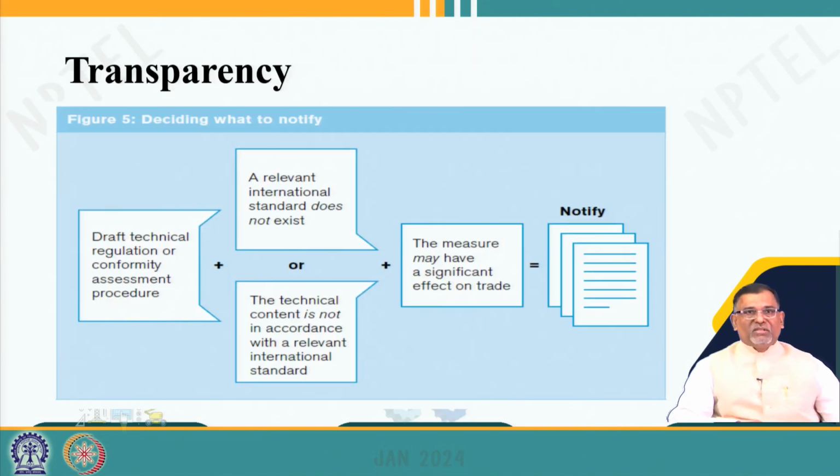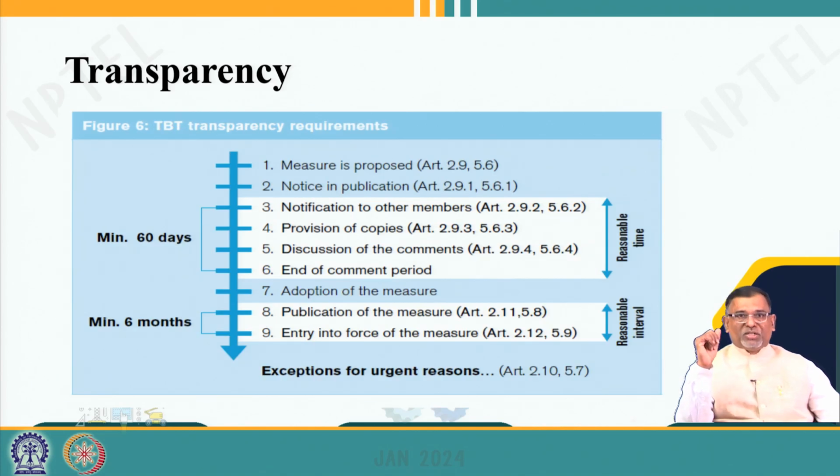On transparency, it is very clear what is to be notified and what is not. All draft technical regulations are to be notified, international standards are to be notified, technical regulations are to be notified. Any measure which affects SPS or TBT measures is to be notified by each member country as a part of transparency.